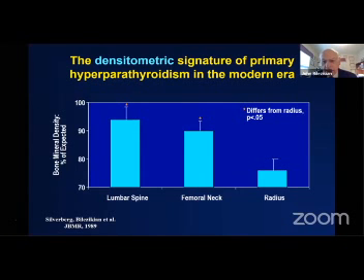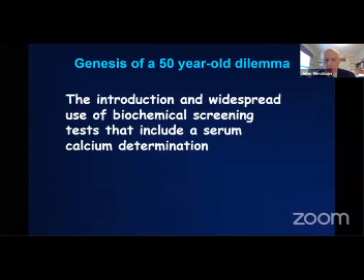You can see on the right, the distal third radius region is much reduced compared to the lumbar spine as well as the femoral neck. And this cortical predominance seemed to be different from what we typically see in postmenopausal women with osteoporosis, who have the reverse in the early phases with more involvement of trabecular bone, and only later do they have involvement of cortical bone.